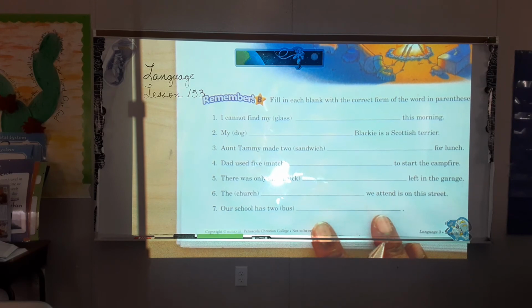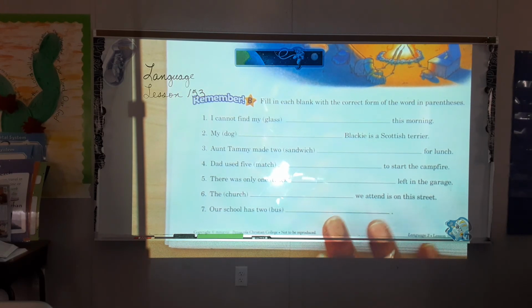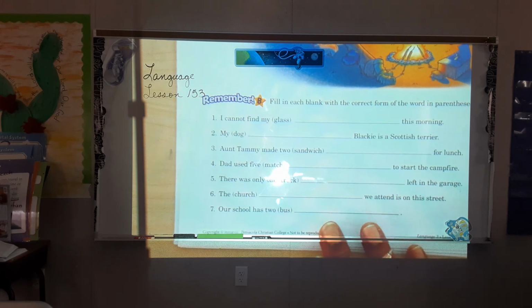Part B. Fill in each blank with the correct form of the word in parentheses. Number 1. I cannot find my blank this morning. My glasses.